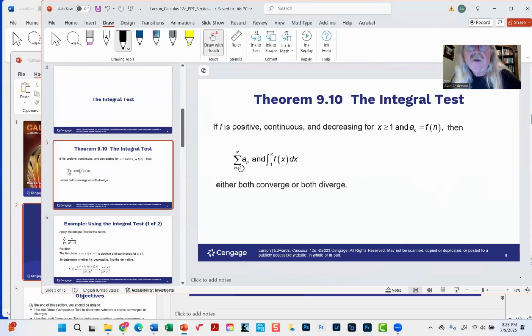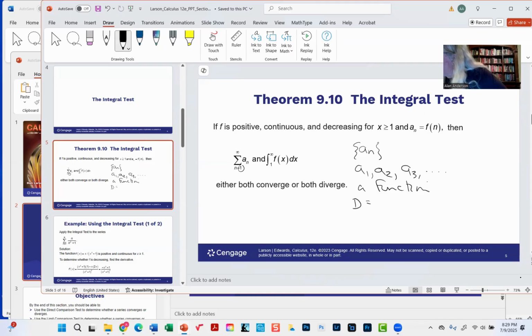Remember, we said way back in the beginning that if you have a sequence like this, the terms a1, a2, a3, what you actually have is a function where the domain is the natural numbers, which is 1, 2, 3, 4, etc., and the range is the real numbers.